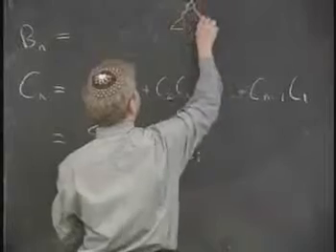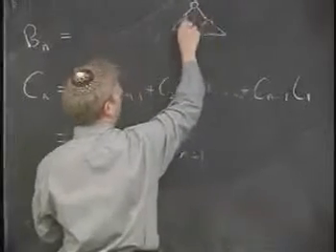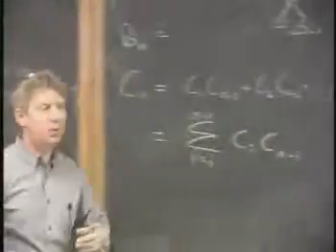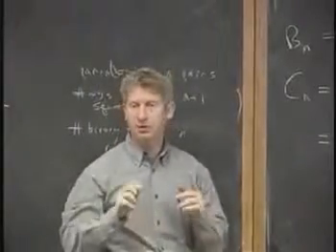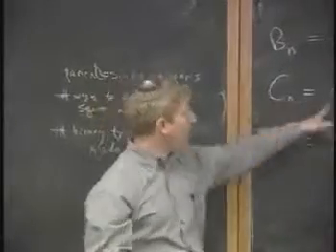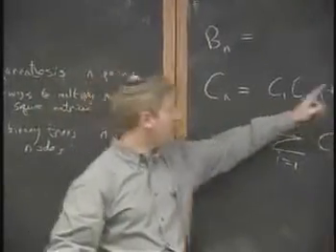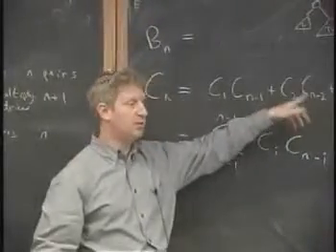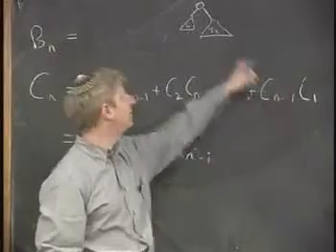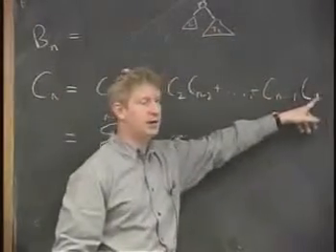So I can put any tree here and any tree here. I'll call these T1 and T2, as long as the sum of T1 and T2's nodes equals n minus 1. Well, there's a lot of possibilities there. B1 Bn minus 1, B2 Bn minus 2, B3 Bn minus 3, all the way up to n minus 1 vertices on the left and 1 vertex on the right.